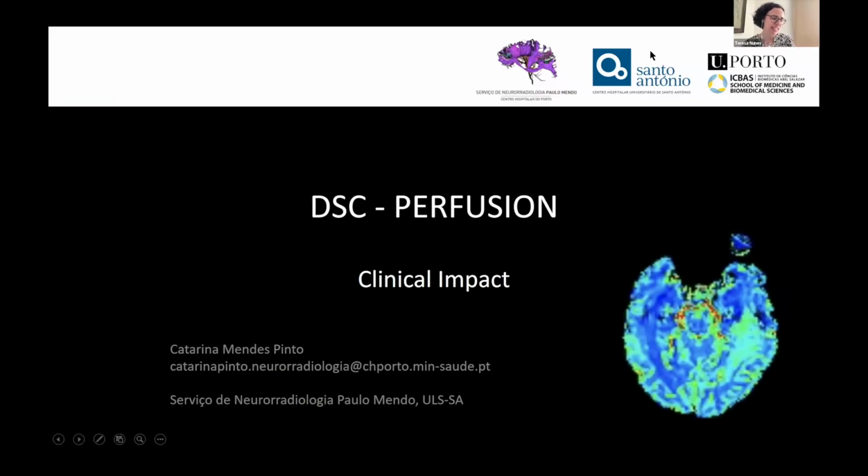She has supervised neuroradiology residents and master's theses in medical and biomedical engineering, and she is the author of multiple publications and presentations at national Portuguese meetings and international meetings. She will present some examples of the clinical applications in glioma.